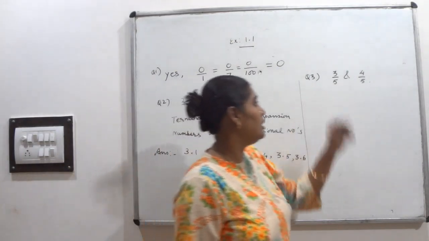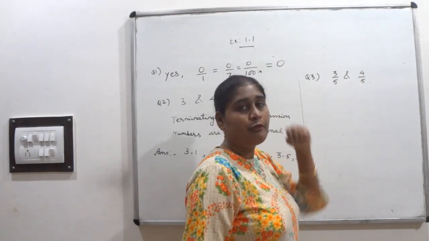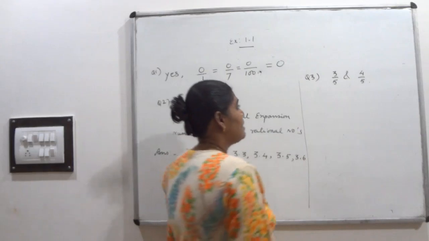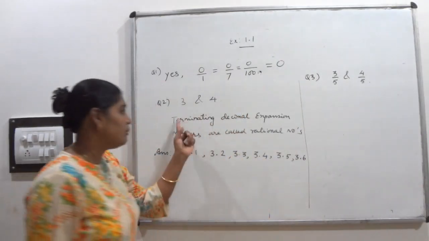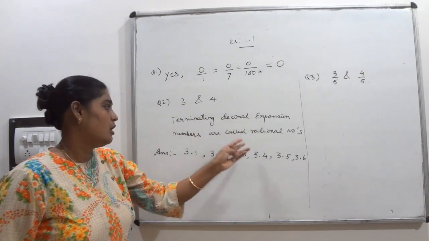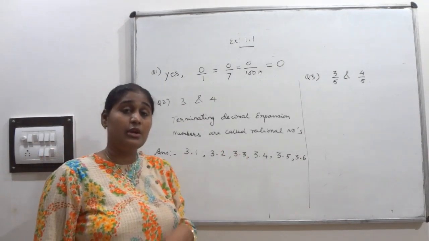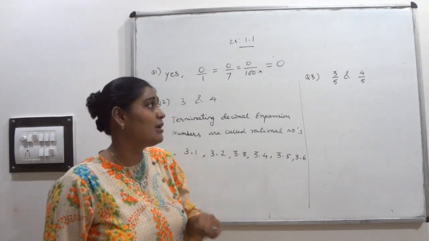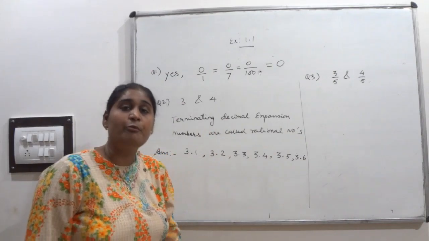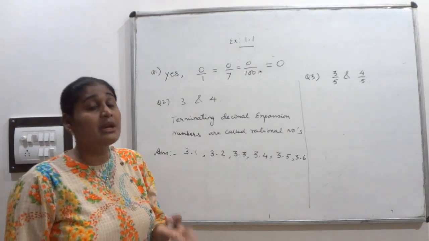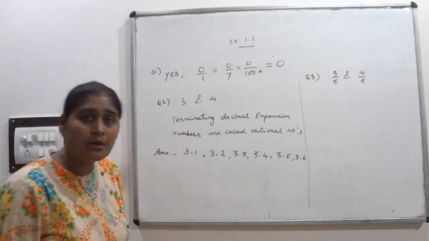So question number 3. Here I am going to find 5 rational numbers between 3 upon 5 and 4 upon 5. See, I already told you terminating decimal expansion numbers are called rational numbers, and a number which can be written in the form of p by q, where q is not equal to 0, and non-terminating but recurring numbers are called rational numbers.